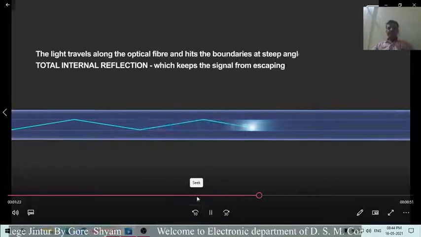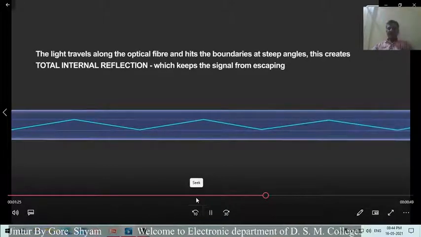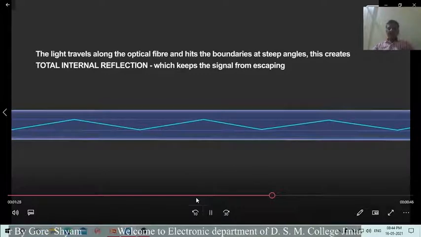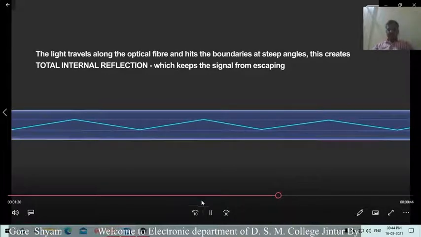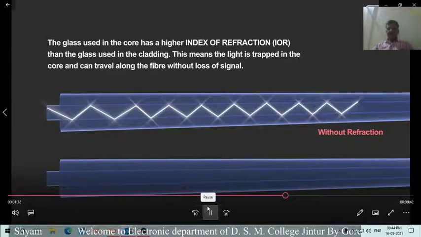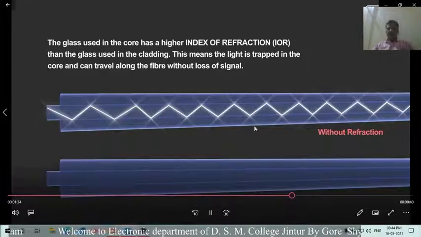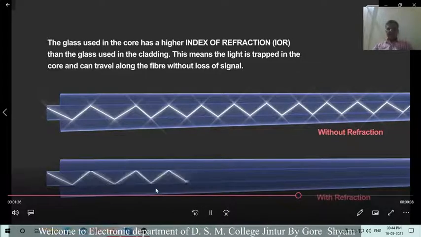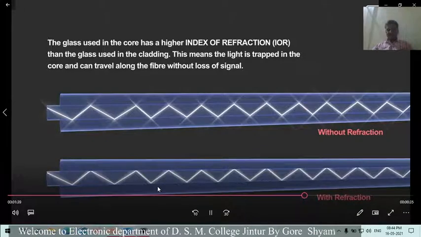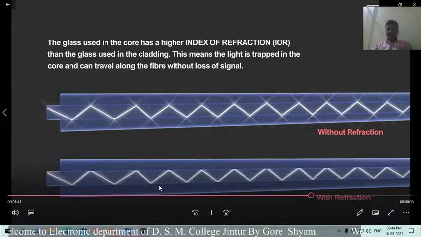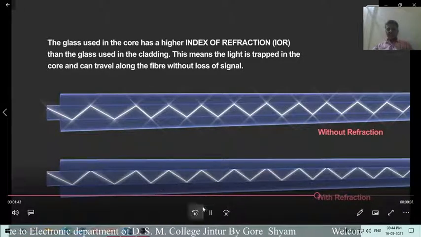Okay, and this is the traveling of light with the help of total internal reflection. Here the light without refraction, and here the light with refraction. There are two ways to flow the light.